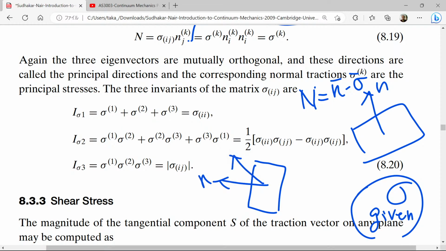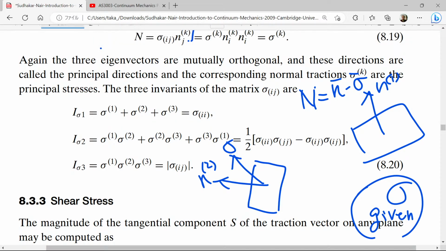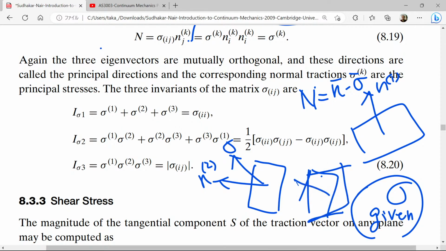Then there is some sigma. So we call this normal 1, normal 2, then maybe another plane. Another plane like this. So you have n sigma.